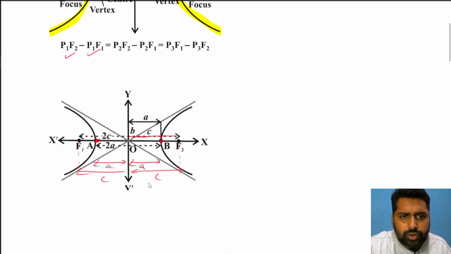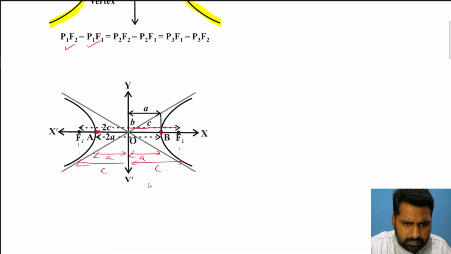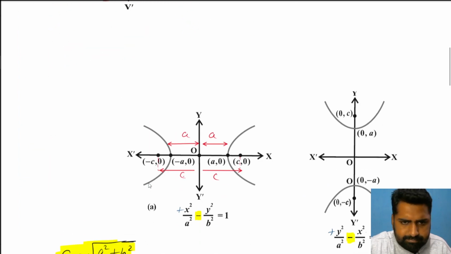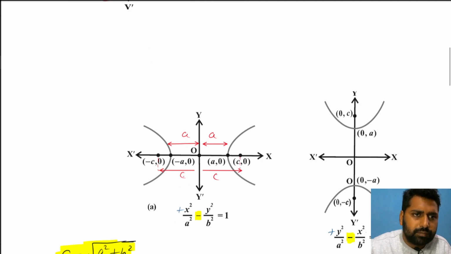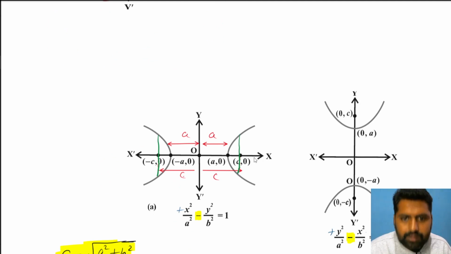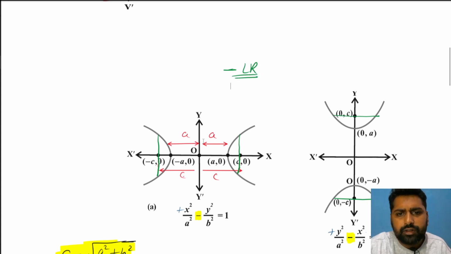The latus rectum I haven't shown you. I'll show you in this diagram. This length, if we draw a perpendicular passing through the focus like this, is the latus rectum. I have highlighted it with green color so you can check.